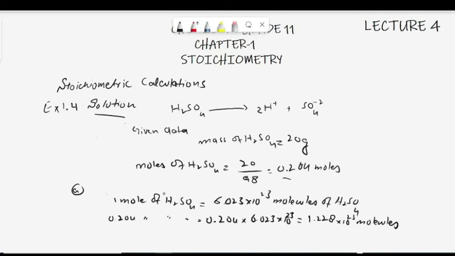Or you can say that 1 molecule of sulfuric acid produces 2 hydrogen ions, and 1 molecule of sulfuric acid produces 1 sulfate anion. So how many molecules of sulfuric acid do we have? You already have the number, that is 1.228 into 10 raised to power 23 molecules. And from the balanced chemical equation, now we will calculate the number of ions that are produced.